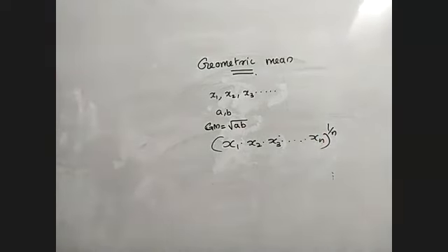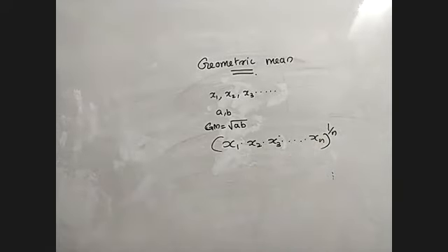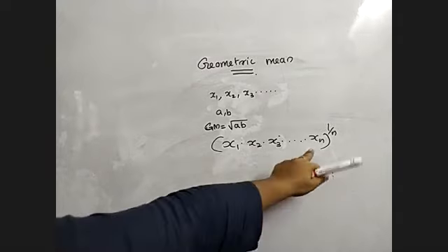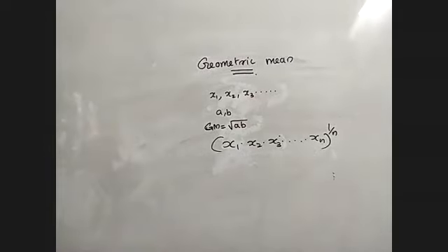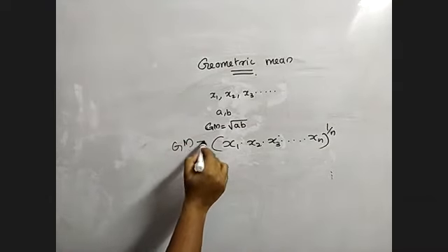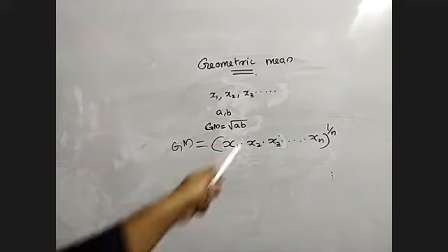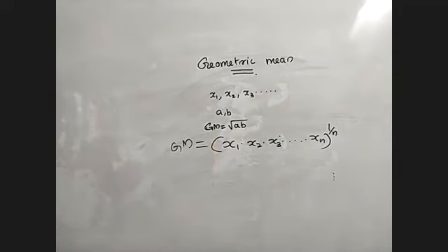This multiplication, whole raised to 1 by n, is the geometric mean of n terms. Understood? Usually they'll ask based on two numbers only.